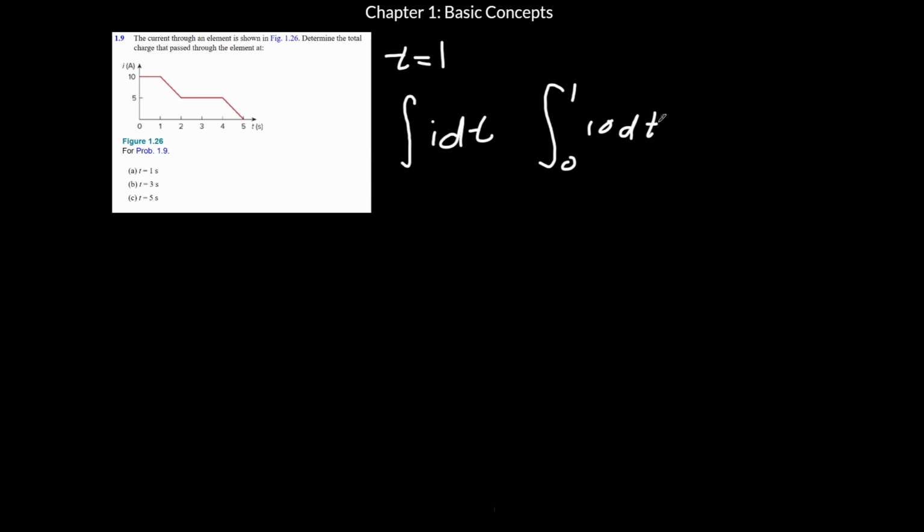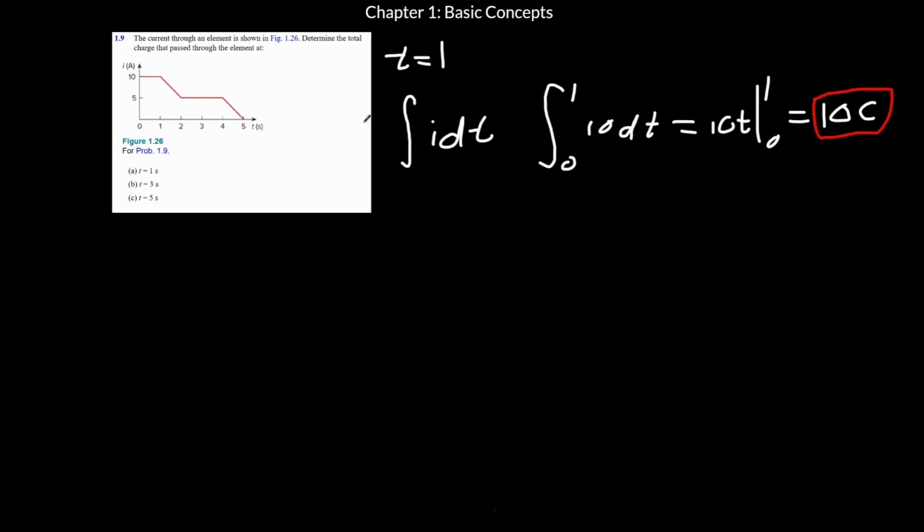And this is going to be the integral with respect to t. And we know this is just going to be equal to 10t from 0 to 1, which is just going to be equal to 10. And that's going to be in coulombs. So that was simple enough.